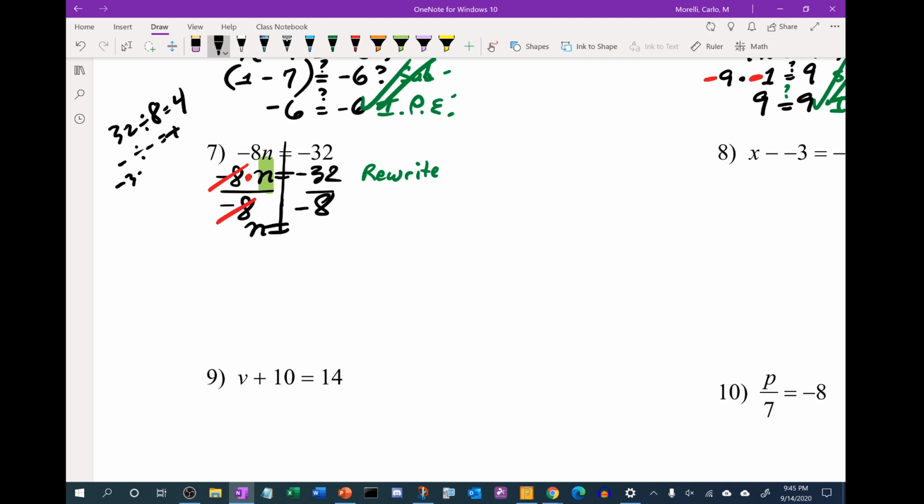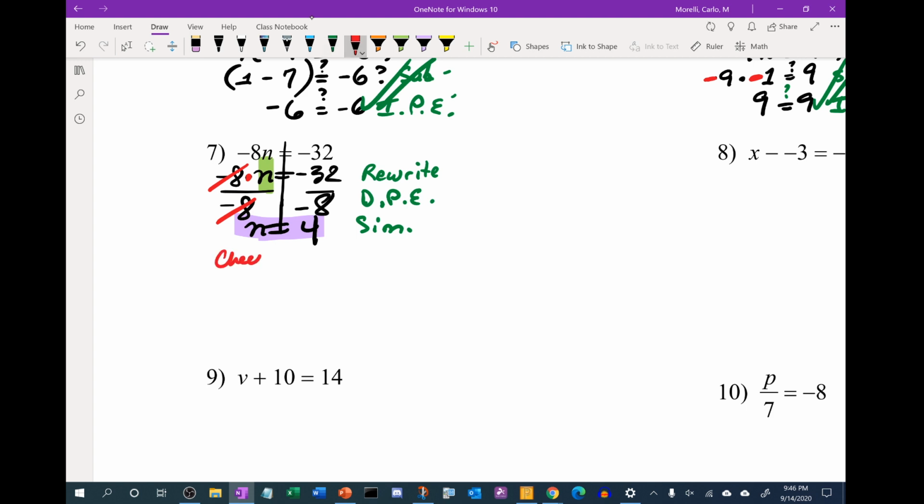So negative 32 divided by negative 8 equals positive 4 as well. Okay? So I'm just going to write 4. So I actually think this is the answer, right? n equals 4. But let's check it. We've got to prove it. And I've got to make sure I write the division property of equality. And then this is simplification here.